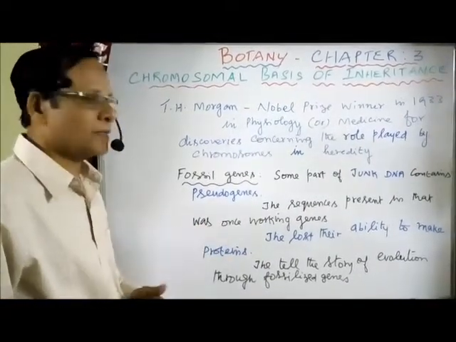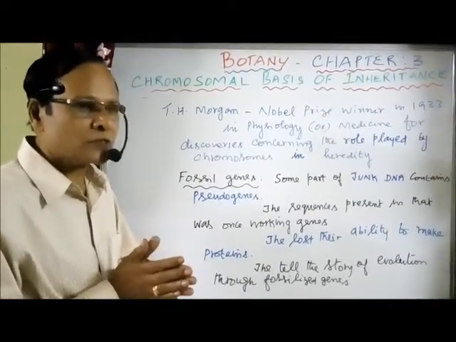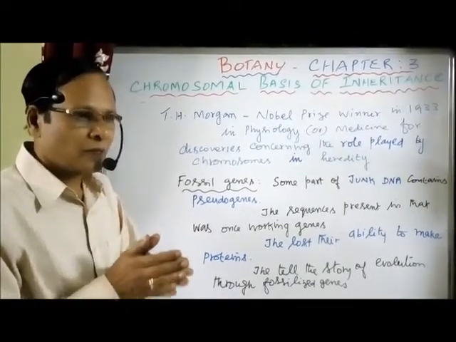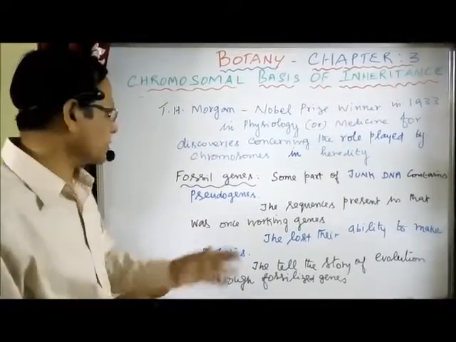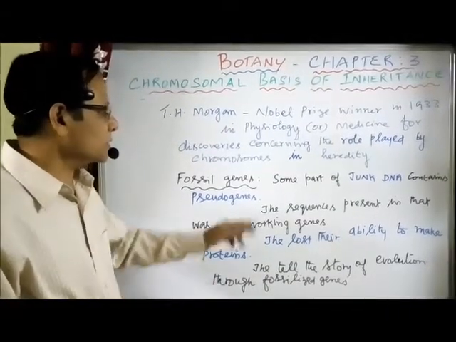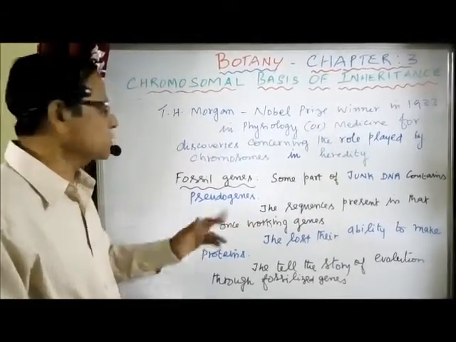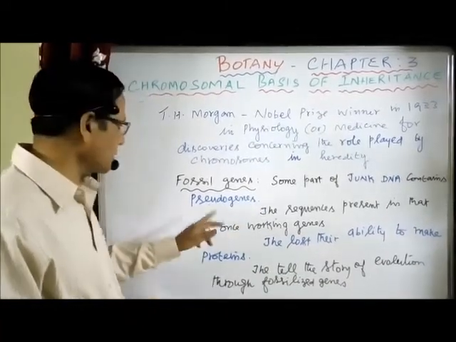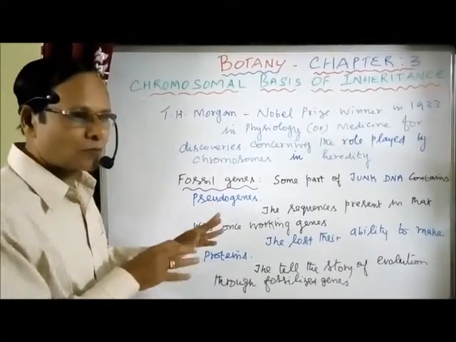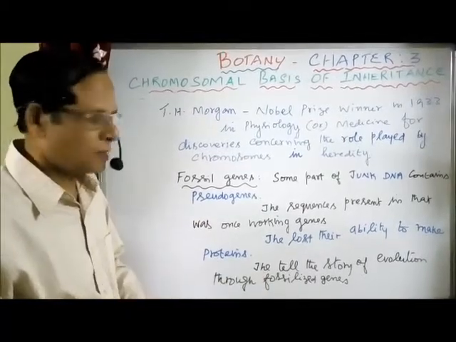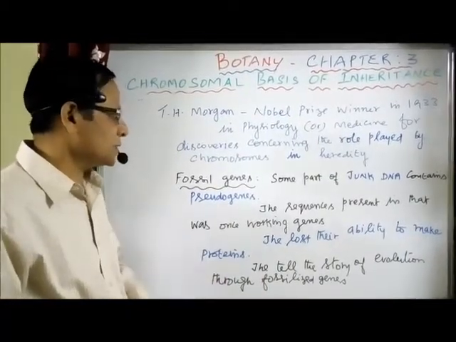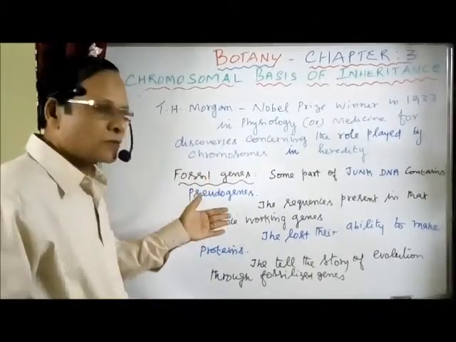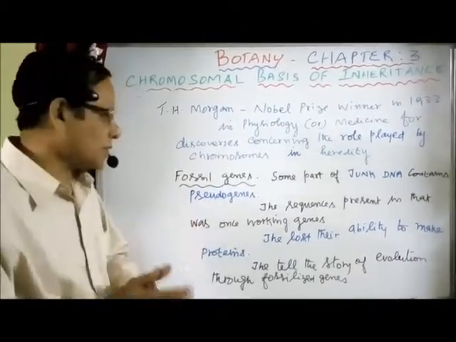In the same manner, those genes which are not functioning now, but were working efficiently in the past, are called pseudogenes. So the sequences present in a pseudogene were once working genes. That means we can say the gene is present without function, functionless genes. And they contain sequences that were working in the past, not now.